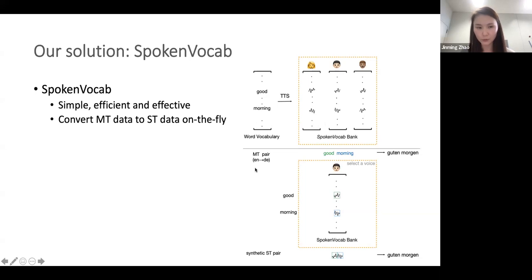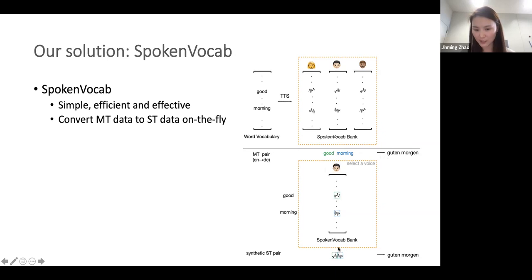In the second step, we convert MT data to ST data on the fly. So given an MT pair, this is the source sentence in English, and this is the target sentence in German. We first select one voice from the SpokenVocab bank, and then for each word in the source sentence, we retrieve the corresponding audio clip and then stitch them together.